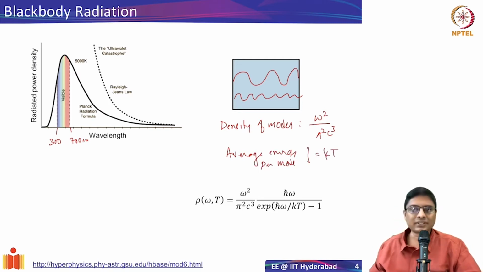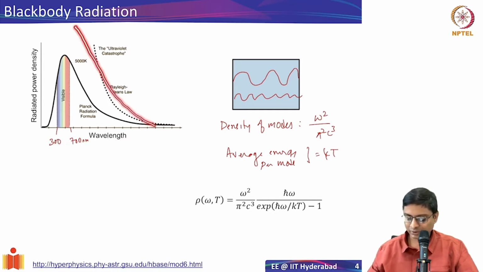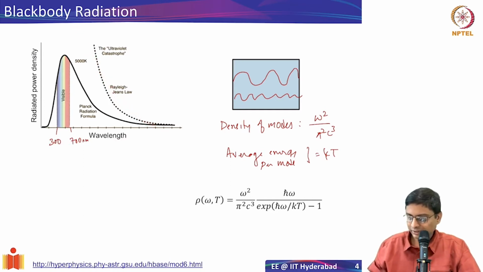So this theory tells us that if I have a black body radiation, I should see that the total amount of energy, which is essentially the radiated intensity, is going to be the product of these two, the density of modes times the average energy. And now you see that the density of states is increasing as omega square. So as you go to lower wavelengths or higher frequencies, the classical theory tells us that the amount of radiated power should be increasing. So this is my classical theory.